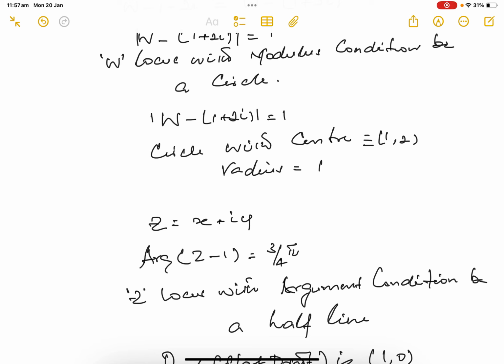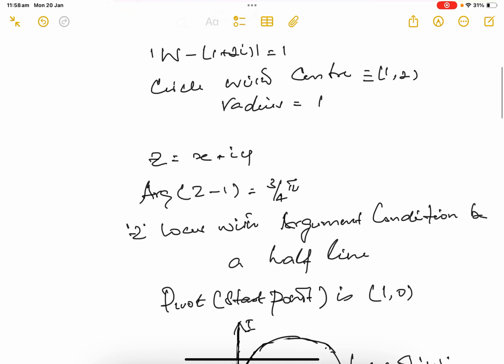Let's analyze z again. z equals x plus iy, just arbitrary variables x, y. The argument of z minus 1 equals 3/4 pi. Again, if the condition is given via an argument, then the locus should be a half line.